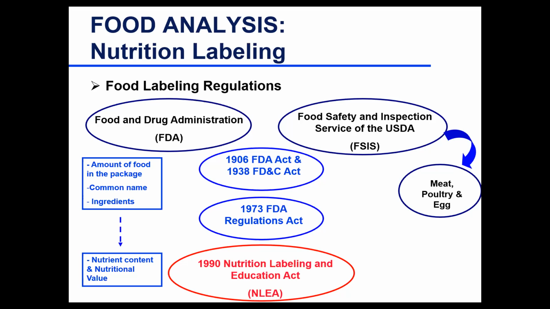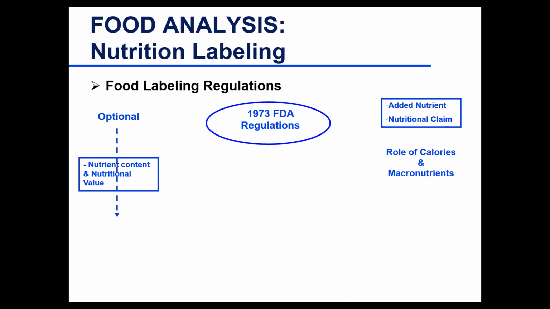So you don't only put amount of food, common name, and ingredients, you have to put nutrient content and nutritional value for most foods with few exceptions. So it went from being optional, the nutrition panel from the 1973 regulations, where it's optional except if you added a nutrient or wanted to make a nutritional claim.